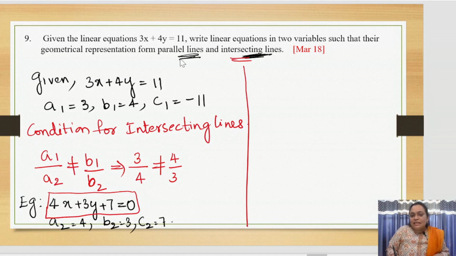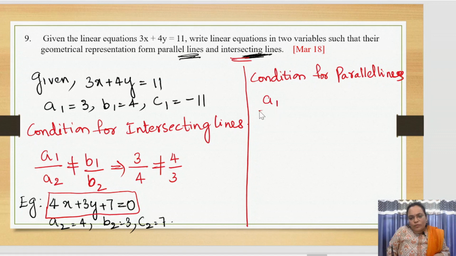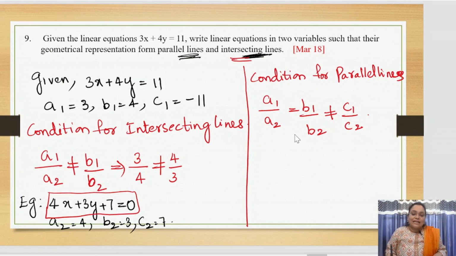Now let us see the condition for parallel lines. What is the condition for parallel lines? It is a1 by a2 is equal to b1 by b2 is not equal to c1 by c2. So the other equation should satisfy this condition.